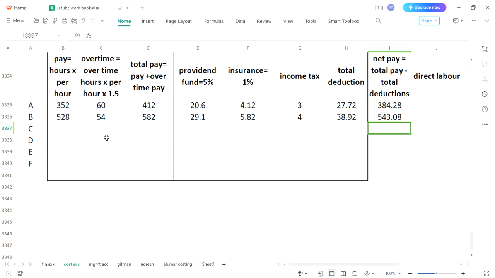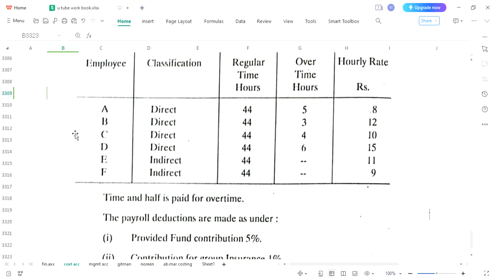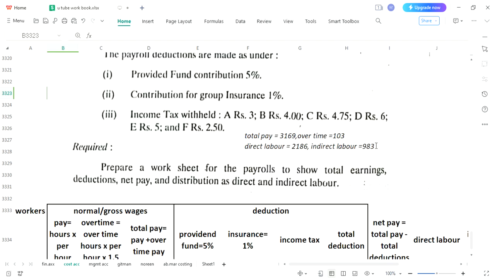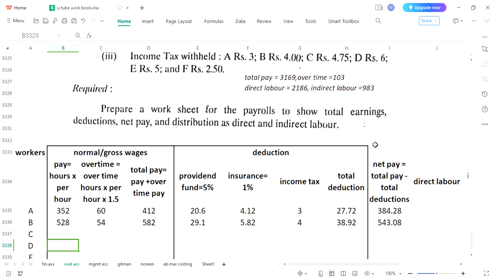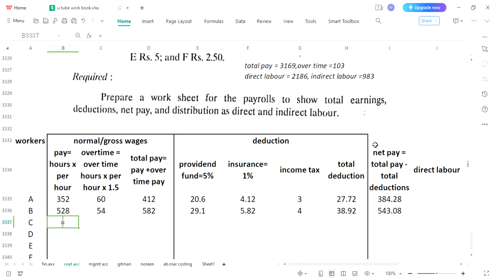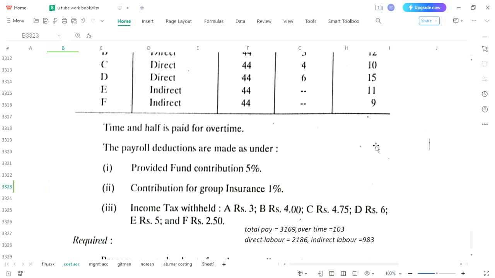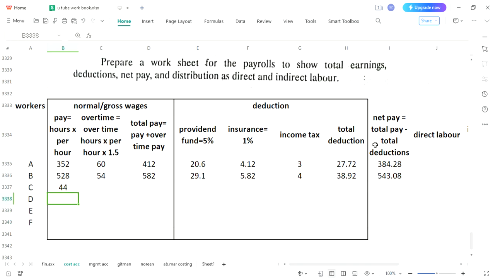Now we will see the third worker, who had worked again 44 hours at 10 per hour. So 44 hours he had worked, and how much payment? 10 is per hour, so multiply by 10.